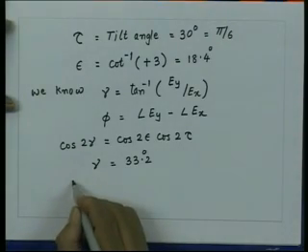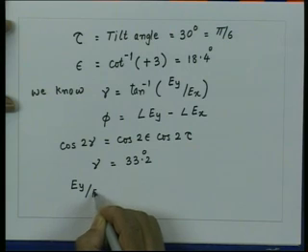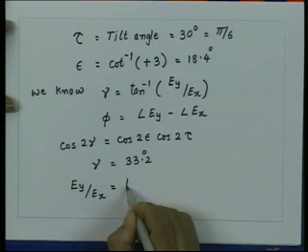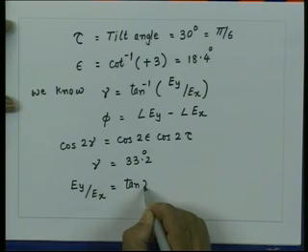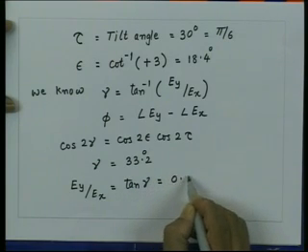So, the ratio Ey upon Ex is equal to tan of gamma, which is equal to 0.65.